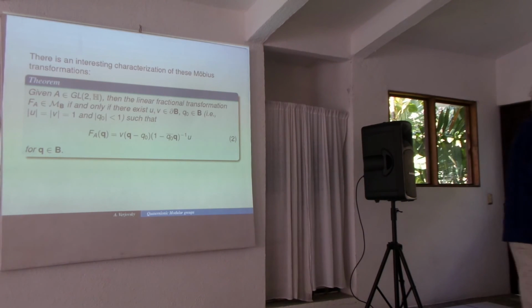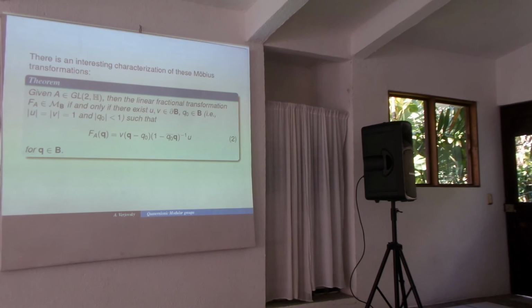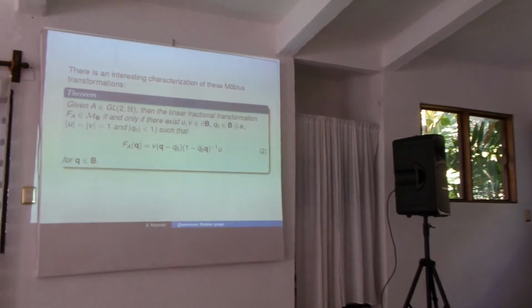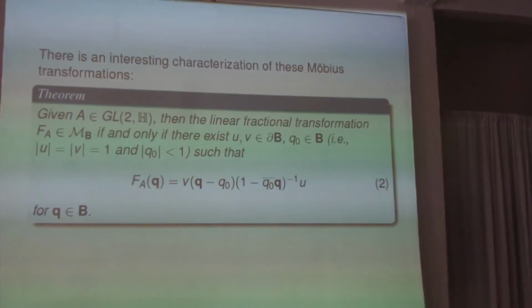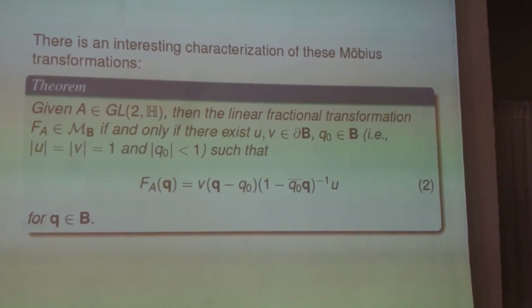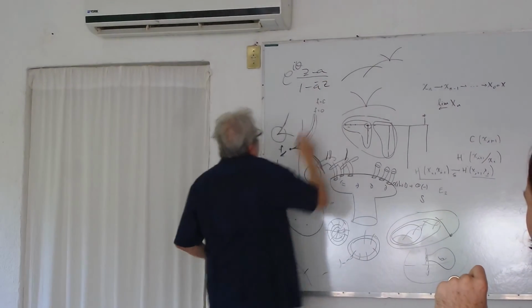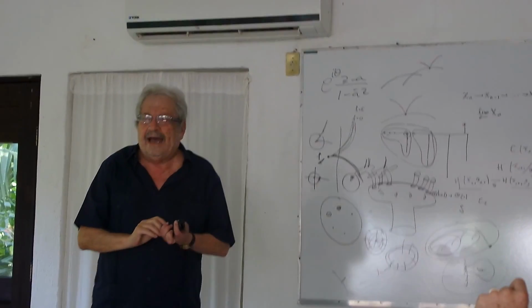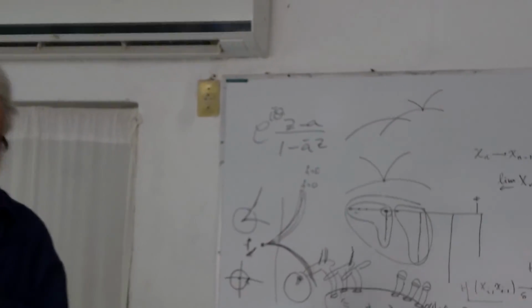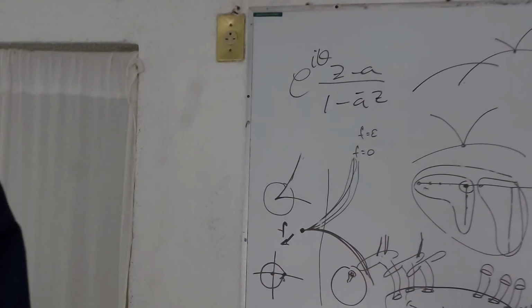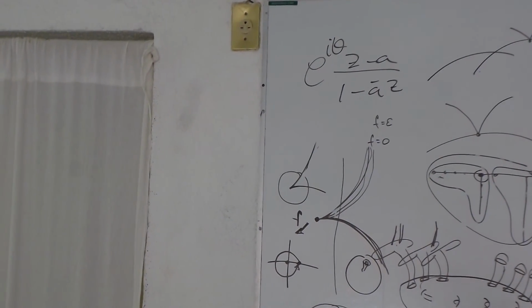Remember this beautiful formula one learns in high school? e to the i theta (z minus k) over (1 minus k bar z). The function that takes z to that is exactly the set of Moebius transformations that represents this. It's a Moebius transformation. And so maybe we want something like that in the case of quaternions.